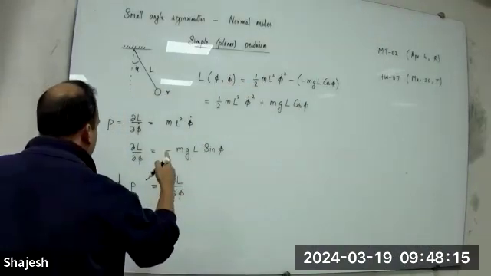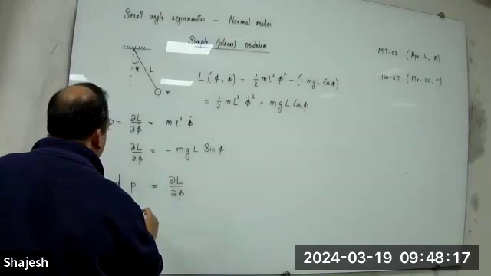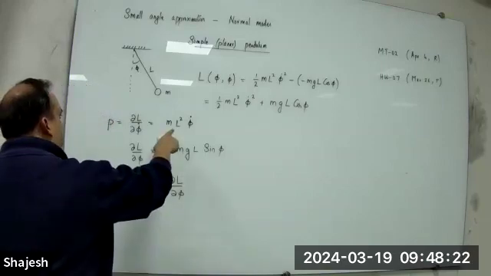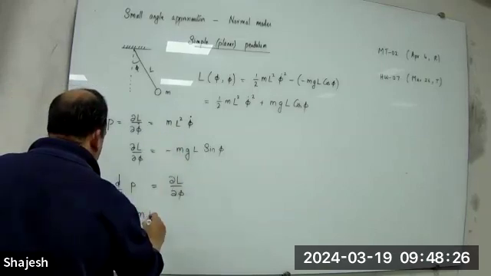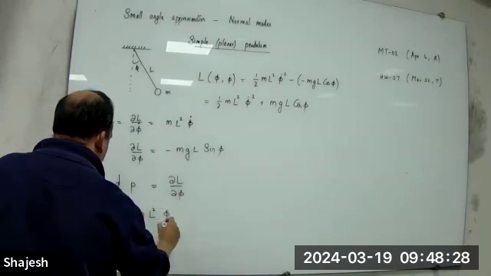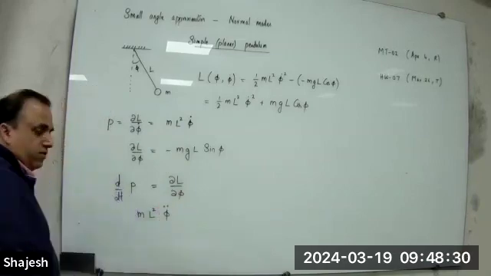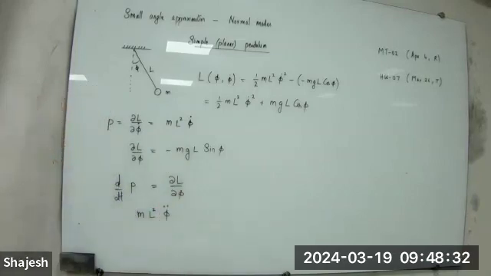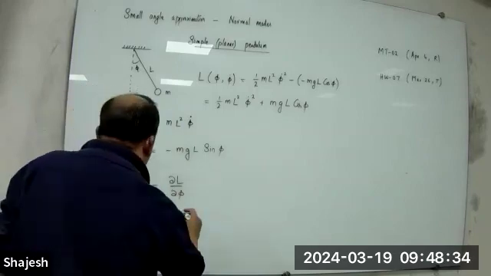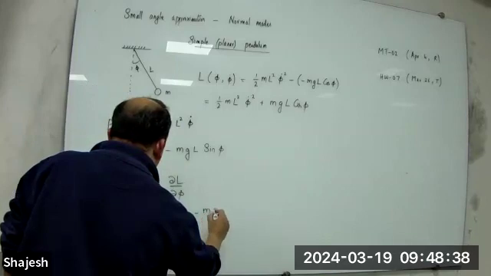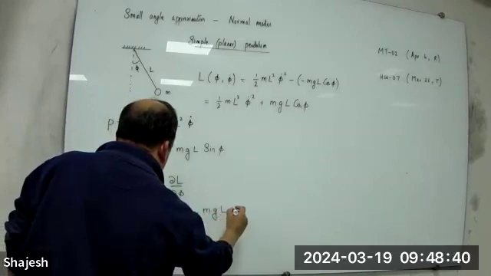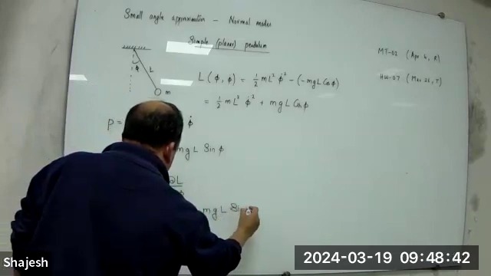Since the time derivative does not act on L or M, we have m L squared phi double dot, a second derivative in time, equal to minus mgL sine phi.